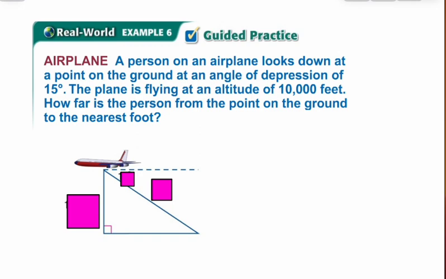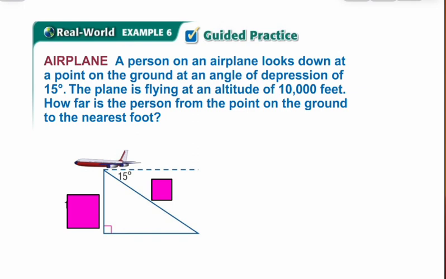Okay. So let's set up the situation. We've got that airplane flying up above. And if it wants to look down to a person on the ground, we have to lower our head. So let's say somebody is in one of those windows. They see a person on the ground.